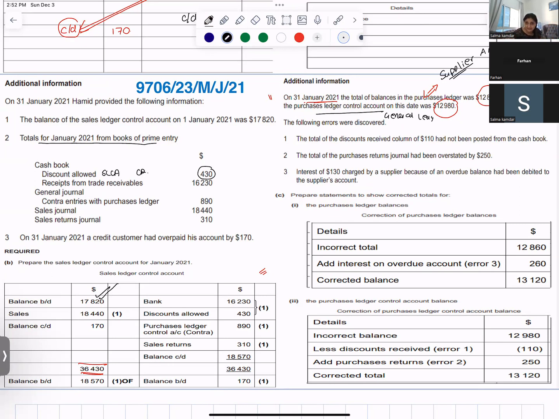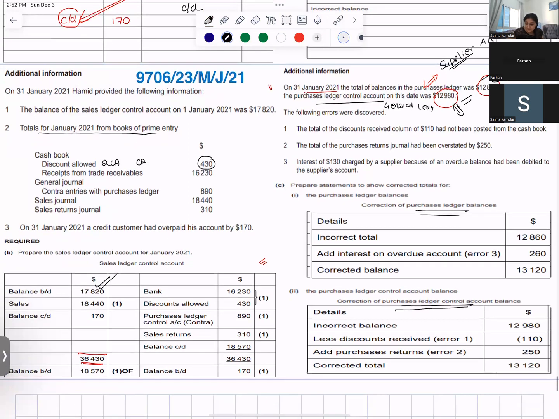One person is making the supplier account and the other person is making the PLCA, which resembles the supplier account, but their balances should be the same, and they are not. So what do they want us to do? They want us to do the correction, the correction of the purchase ledger and the correction of the PLCA.